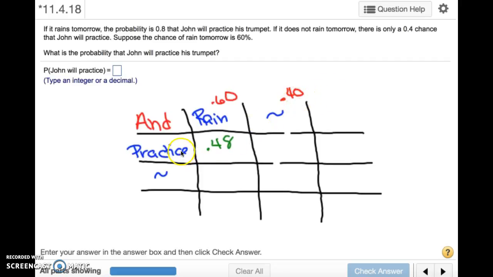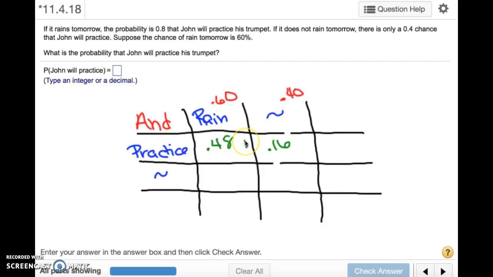Probability that he practices if it does not rain is only 0.4. So if I take this 0.4 and multiply it by the 0.4 chance that it's not going to rain, I get 0.16. Now these are mutually exclusive because it can't rain and not rain. It either rains or it doesn't for a day.